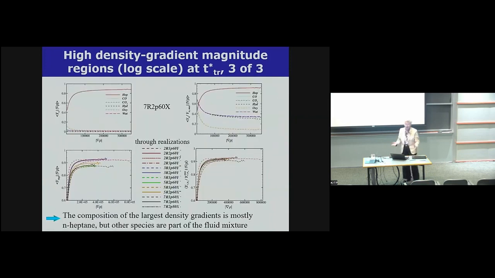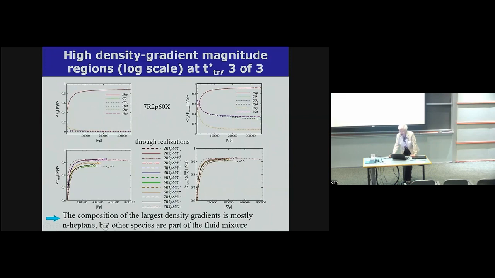And the question is, what is the composition of these high density gradient magnitude regions? Is there one fluid, or is it heterogeneous composition-wise? So here is for the 7 species, and we do some conditional averages, conditional with respect to the density gradient magnitude, and we find that when you go to the highest density gradient magnitude regions, all the species are basically there.